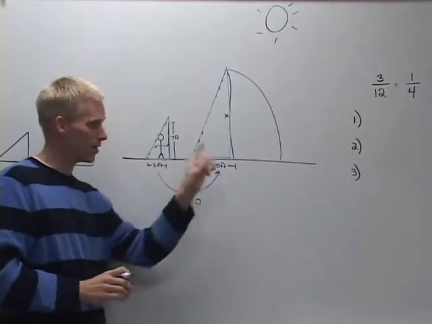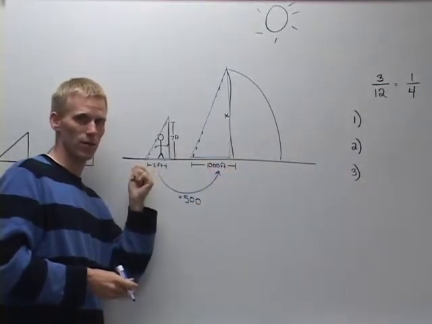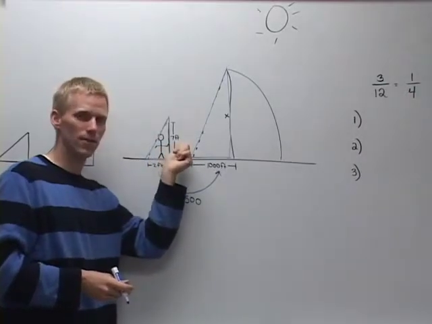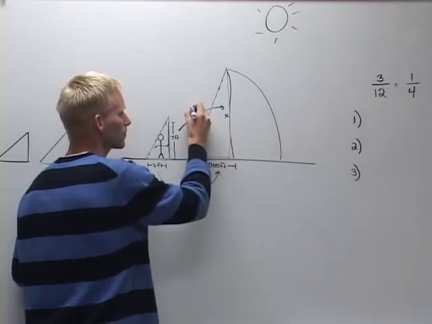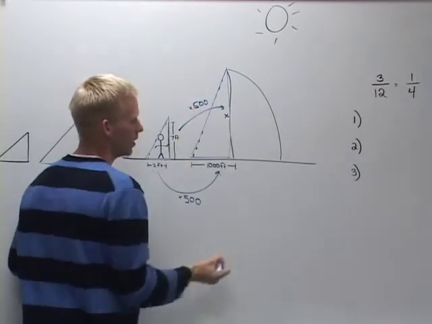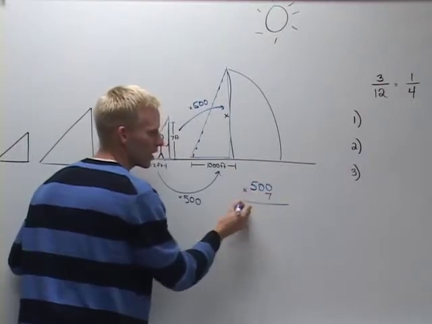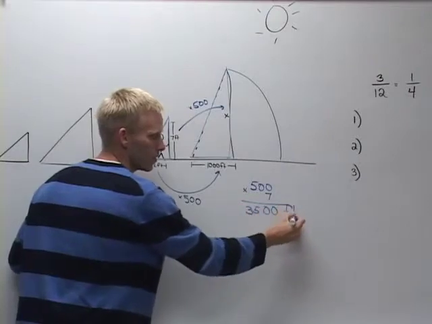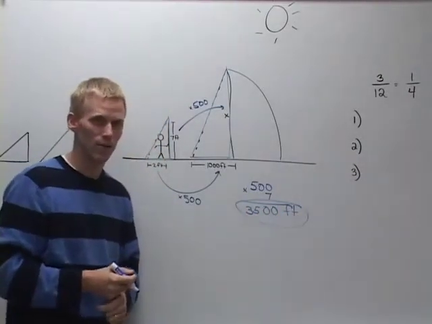That means everything on this triangle is going to be 500 times larger than the things on this triangle, including the height. So our height of 7 feet times 500 is going to give us the height of Half Dome, at least approximately. We get an answer of about 3,500 feet.